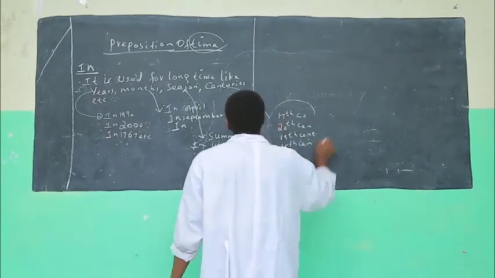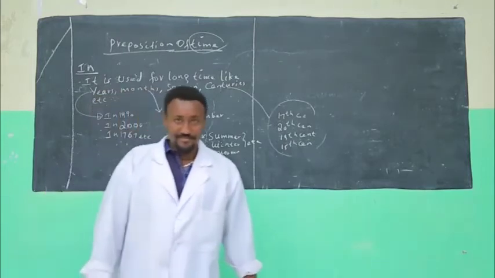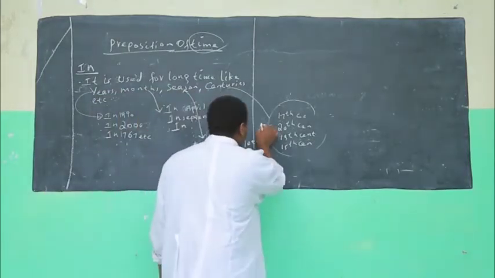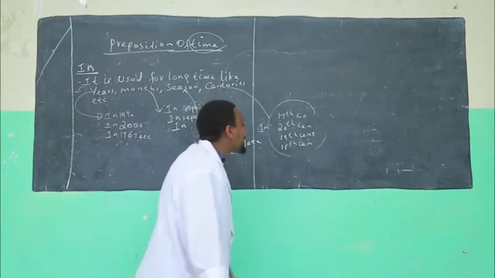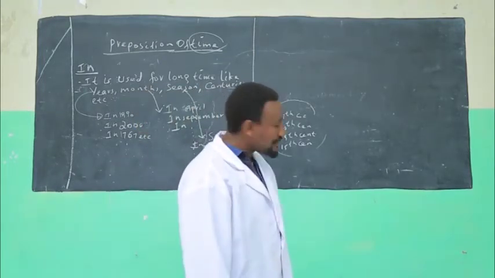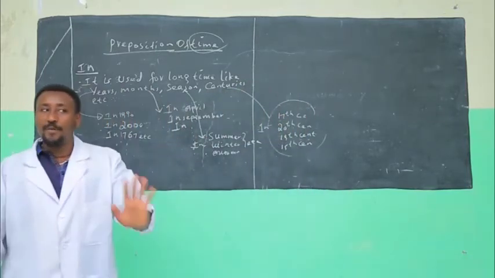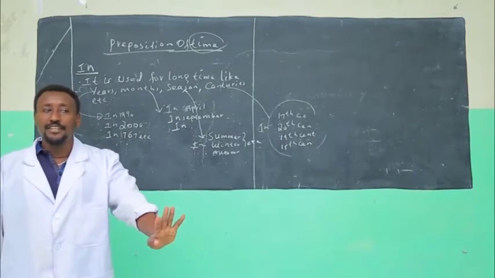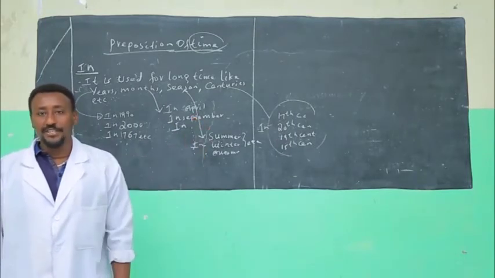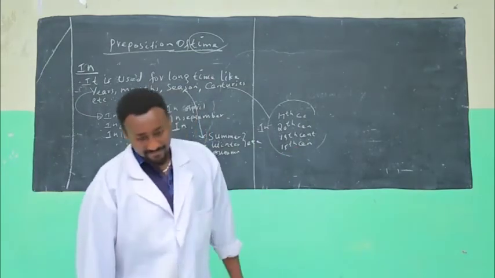So, for these long years, we have to use in the 17th century, in the 20th century, in the 19th century, and in the 15th century. Now, we have seen how many kinds of time expressions? Two prepositions of time. These are "at" and "in".